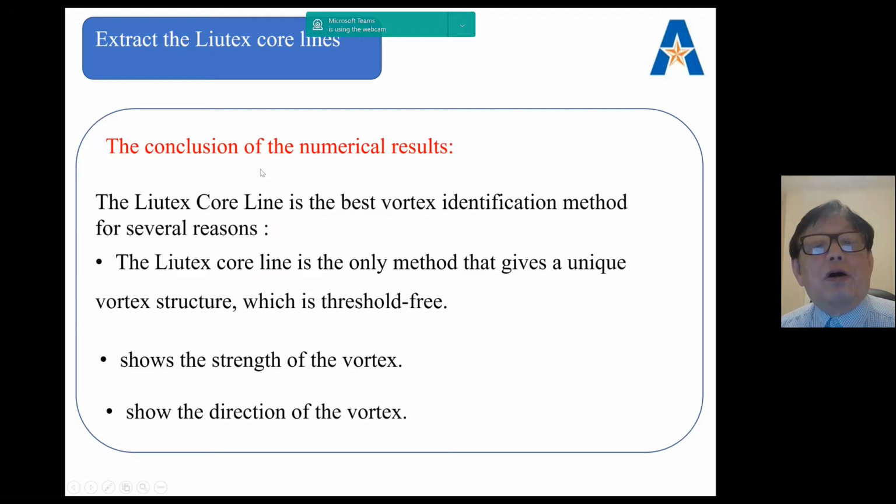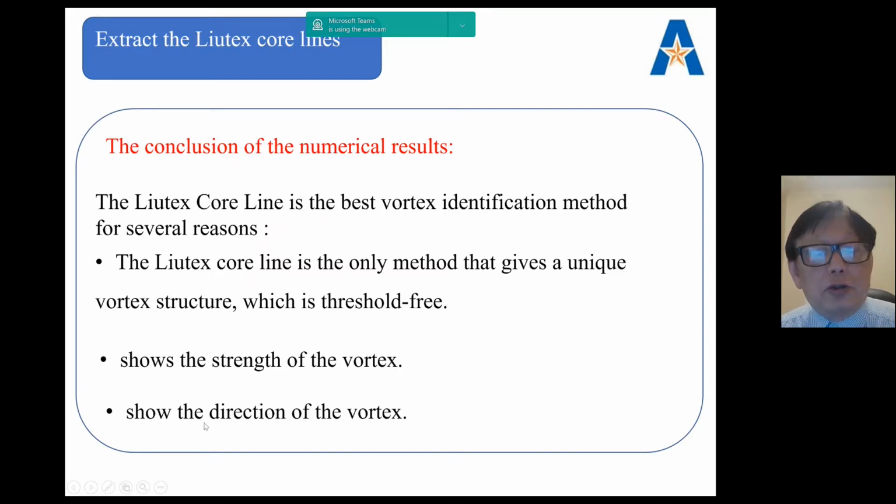So the conclusion of the numerical results is that the Nutex core line is the best vortex identification method for several reasons. First, the Nutex core line is the only method that gives a unique vortex structure, which is threshold free, not the others. Second, it shows the strength of the vortex by the color.